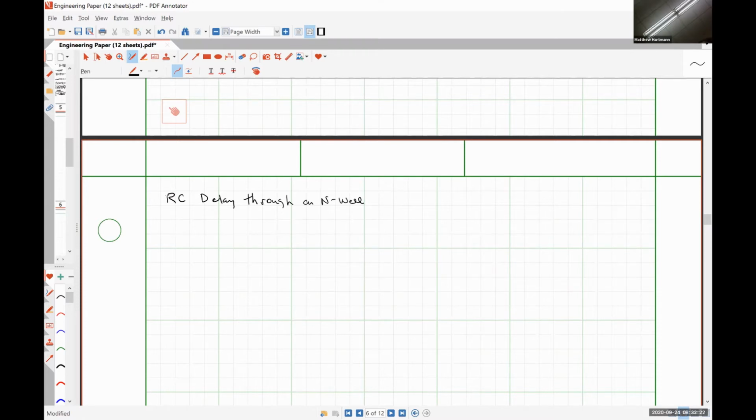RC delay through an N well. Okay, so we have seen that N wells have both a resistive and capacitive characteristic.